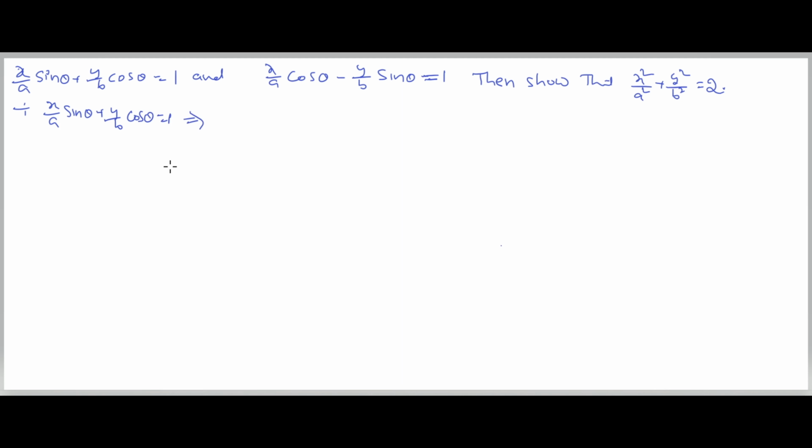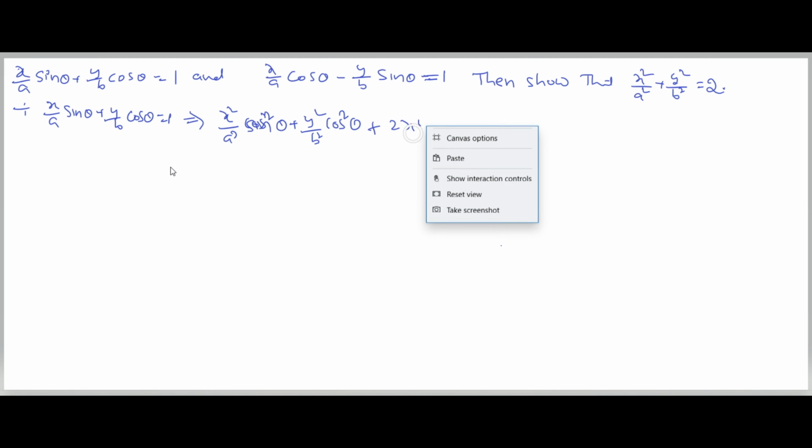Squaring on both sides, using a plus b whole square, that is x square by a square sin square theta plus y square by b square cos square theta plus 2xy by ab sin theta into cos theta is equal to 1.